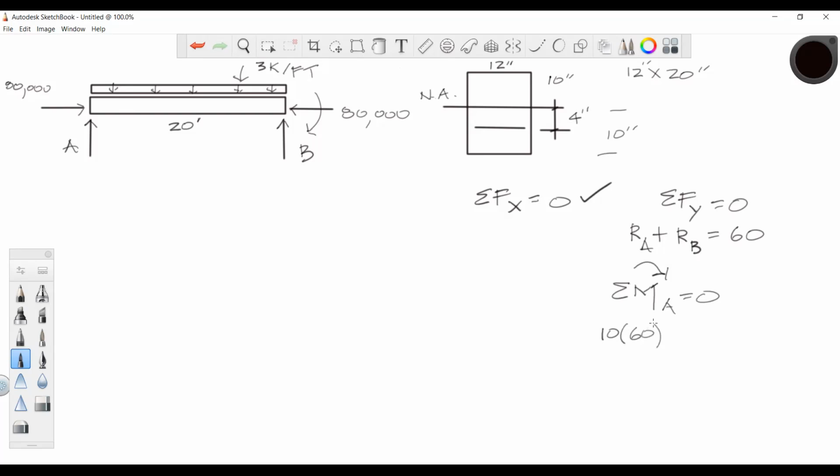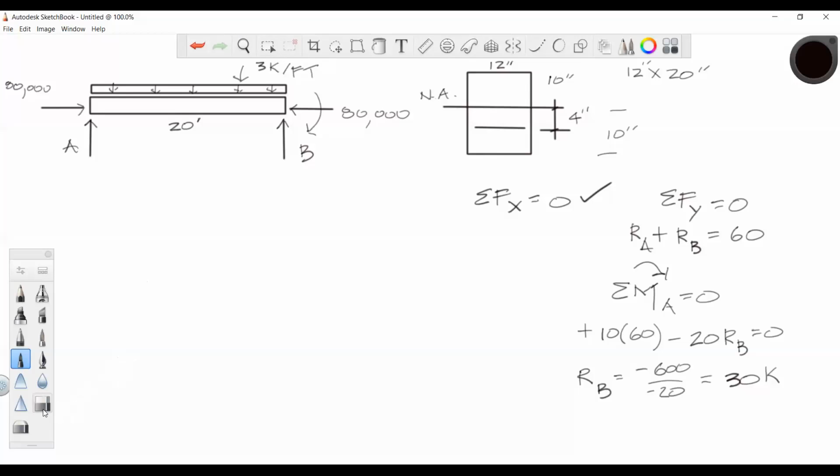It's 10 times 60, that's a plus moment, minus 20 times RB equals 0. So that gets us 600, comes over as a negative 600. Negative 600 divided by a negative 20 gives us what? 30 kips, just like we said, right?